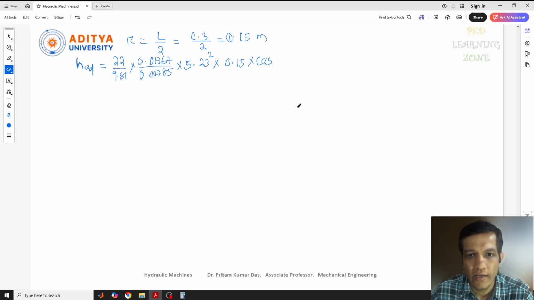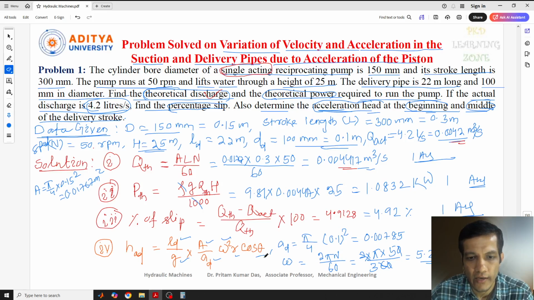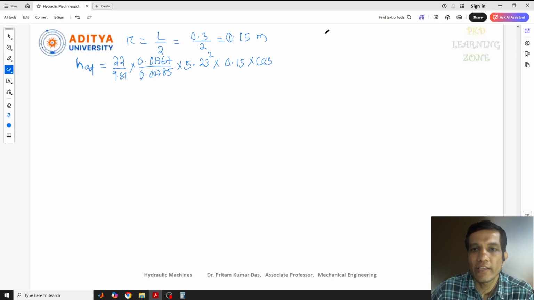Now the theta value is not given here, so we need to see the question. In the question itself it is given: at the beginning of the stroke and at the middle of the stroke. So theta will be 0 degree at the beginning, and at the middle of the stroke theta will be 90 degree. So you need to put theta equal to 0 degree here.